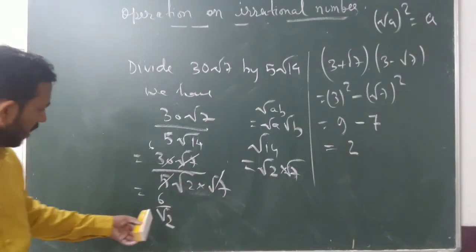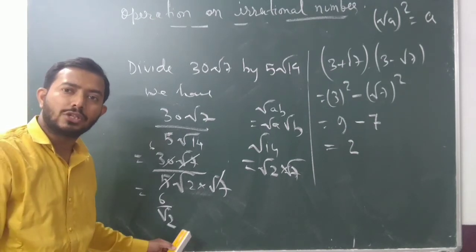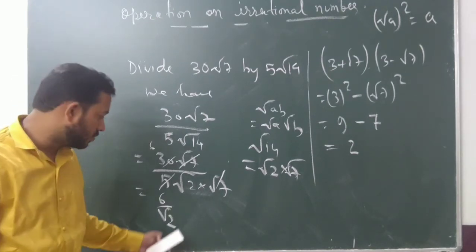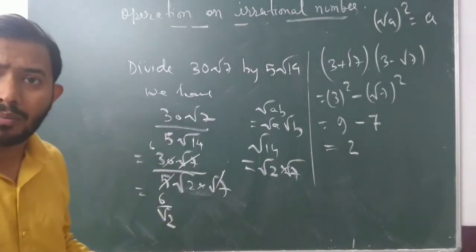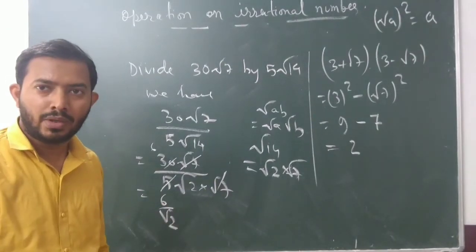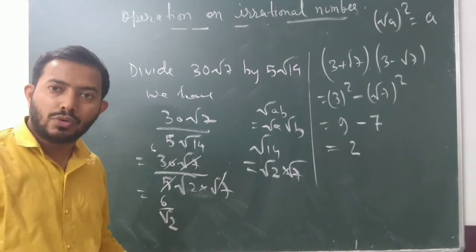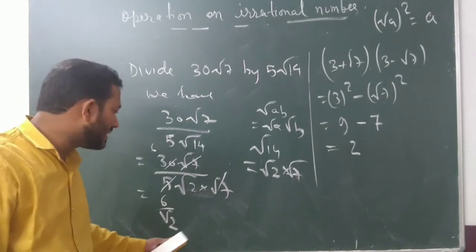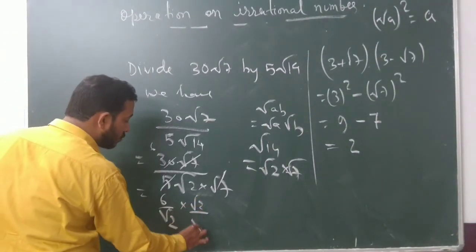But if your denominator is an irrational number, then it is non-standard. We need to convert this into standard form, and to do that we rationalize the denominator. In the next video, we are going to see how to rationalize, but here we are going to make it standard form. What are we going to do? We multiply numerator and denominator by root 2.